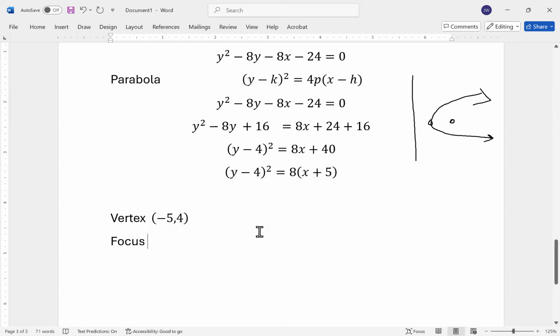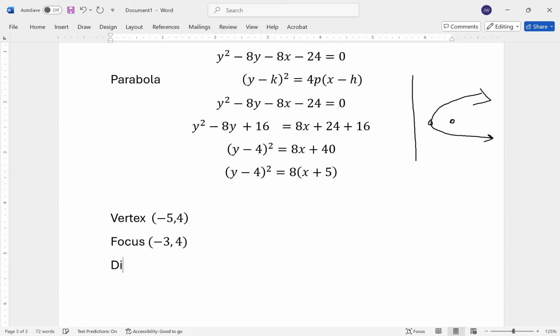If I move 2 units to the right, the focus would be at, I'd take -5 plus 2 as my new x value, and then the y value stays at 4. So I'd get -3, comma, 4.